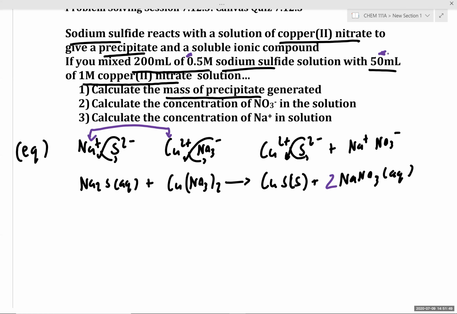And don't be shy to message your proposed response for the mass of copper sulfide generated from this reaction. We'll discuss in about another minute and a half.